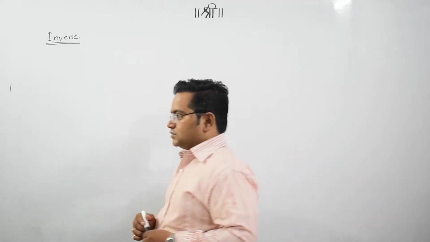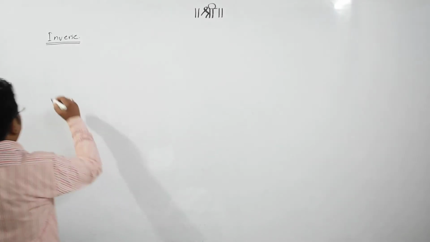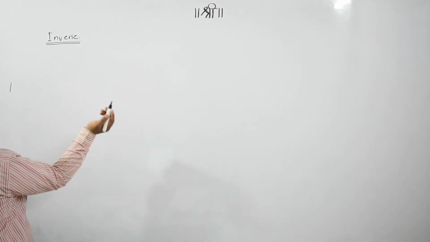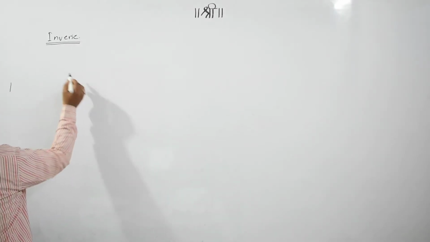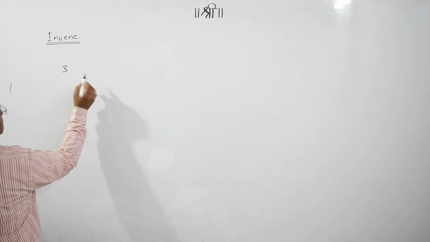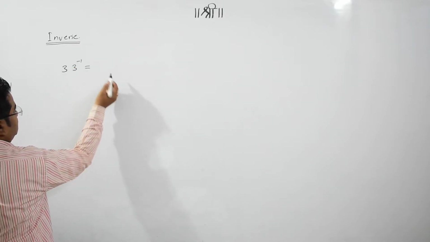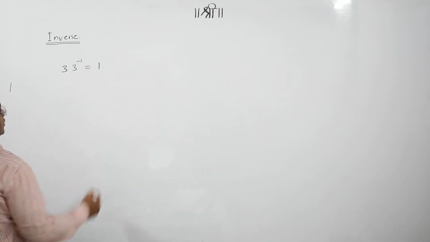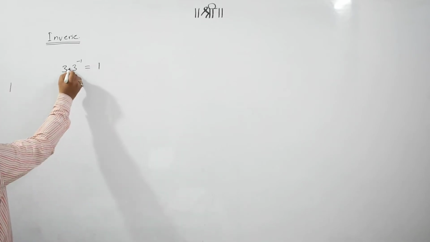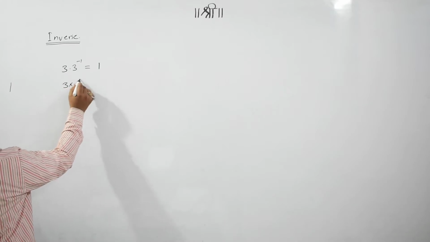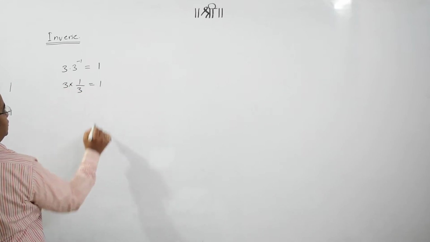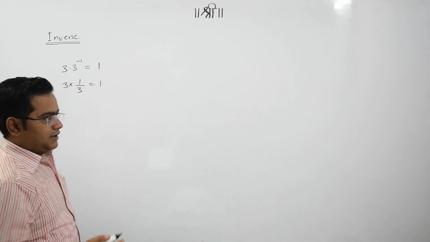So what is the inverse of 3? If I am considering in terms of numbers, inverse of 3 will be 1 upon 3. We all know this is common sense. So 3 into 1 upon 3 is equal to 1. That's how we are finding the inverse.